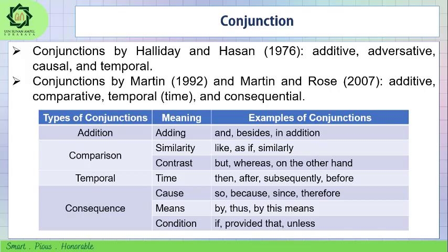You can take a look at the explanation in Paltridge's book. I took these types of conjunctions and the meaning and the examples of the conjunction from the Paltridge book. I don't think that I need to explain this very much because I believe that you have already mastered this conjunction.